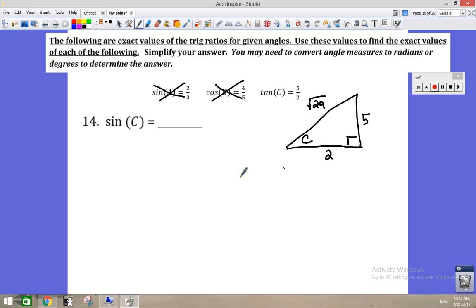And the sine of C then is equal to 5, the opposite leg, divided by the hypotenuse. If we rationalize that, we get 5 radical 29 over 29. That's one way that we can do it, and that's probably the fastest and easiest way.